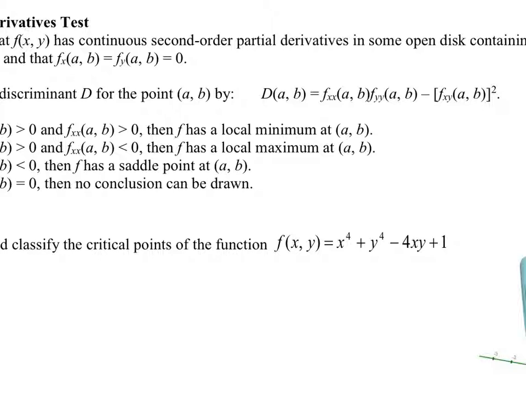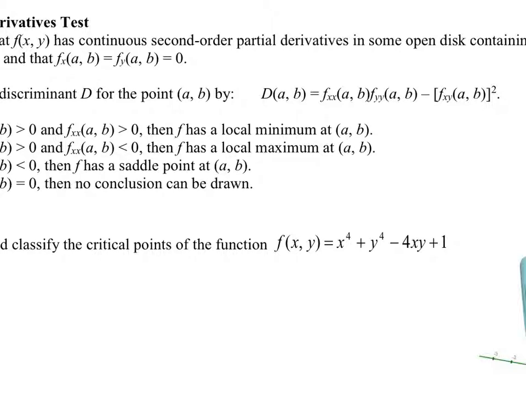So, very procedural. The issue, though, is it's not a short procedure, right? And not short in actually reading through it, and not short in carrying it out. Suppose that f(x,y) is continuous second order partial derivative in some open disk containing the blah, blah, blah. All right, so you have critical values.